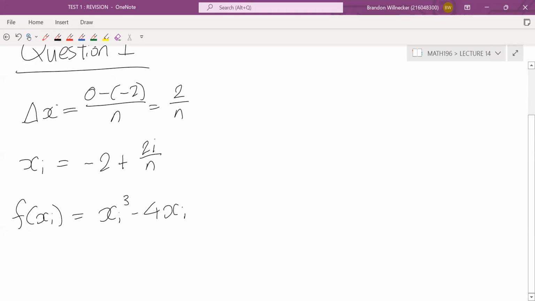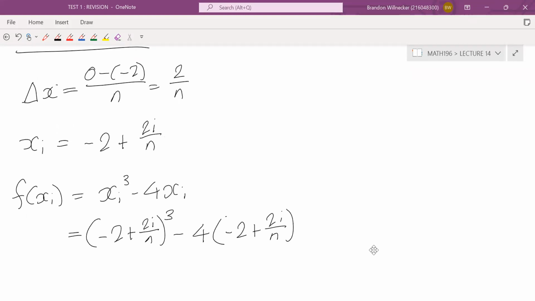Then we substitute in the xr that we've just found: minus 2 plus 2i over n, cubed, minus 4 times minus 2 plus 2i over n. That's xr cubed minus 4xr.